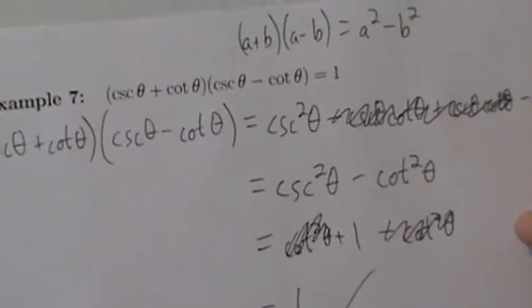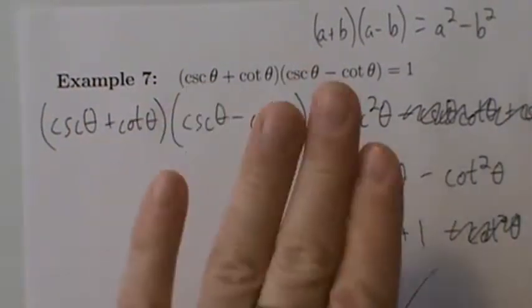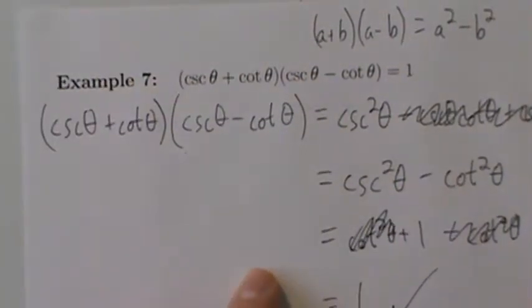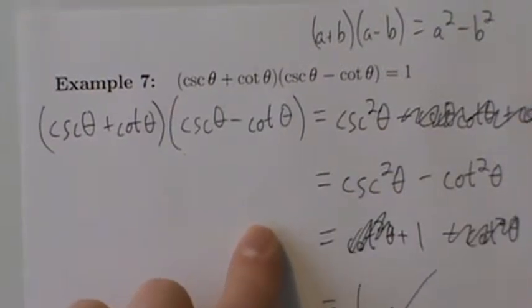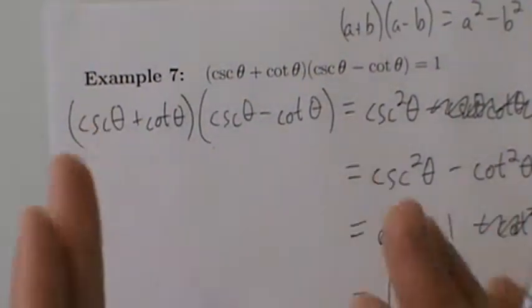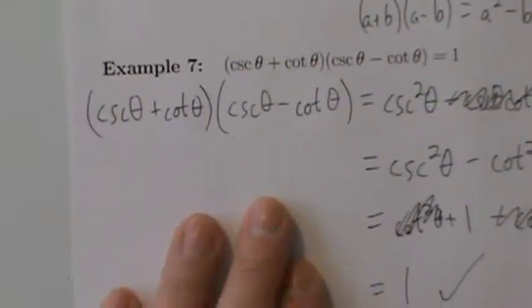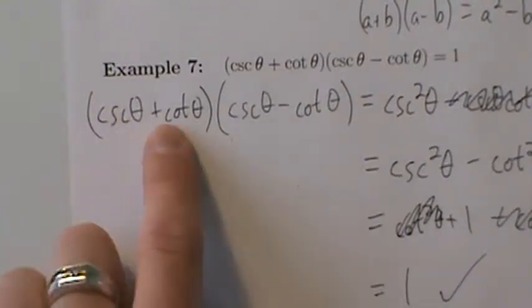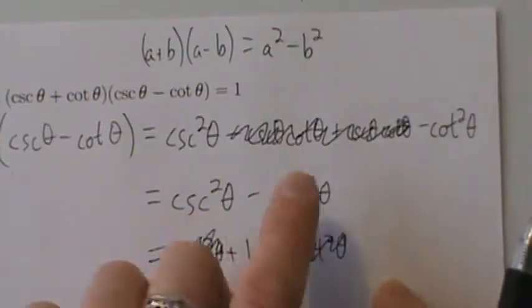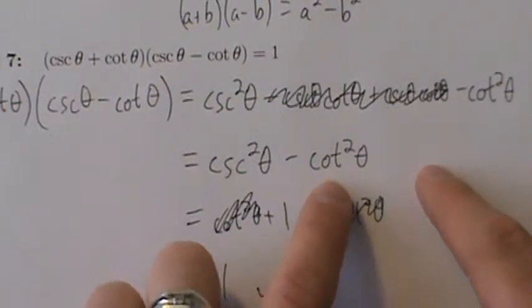Okay, so let's recap. First we just foiled. There's really nothing crazy complicated going on there. It's just foiling like we always do, but instead of x's and y's or numbers or a's and b's, we have trig functions. It still follows those same foiling rules: first, outer, inner, last. When you have something like this plus that, this minus that, the outer and inner cancel, and we're left with the first thing squared minus the second thing squared.